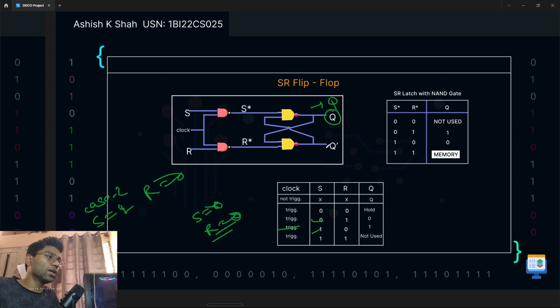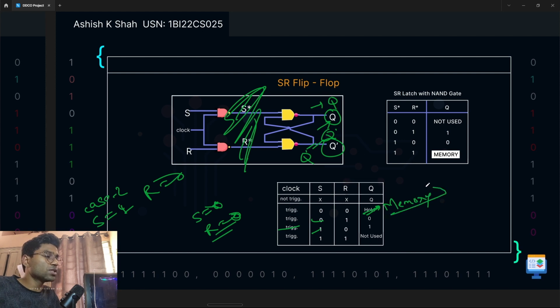If the previous, or past output is Q, it will give present output as Q. And if the previous output is Q dash, it will give output as Q dash. It doesn't depend on this. And this state, we call it memory. It is holding the data, or we can say in a precise manner, this is the memory, because it is not depending upon the present input. It is holding the data.